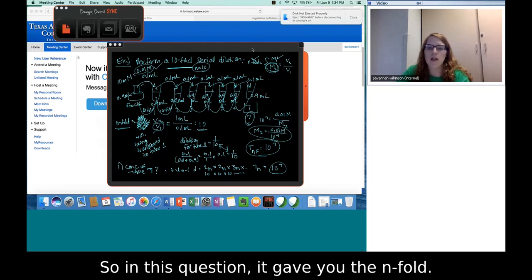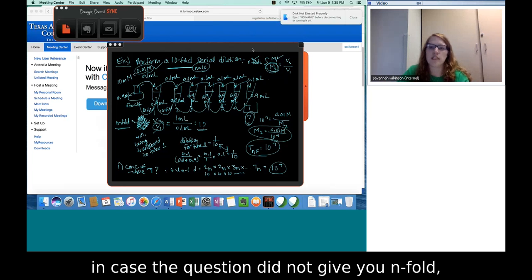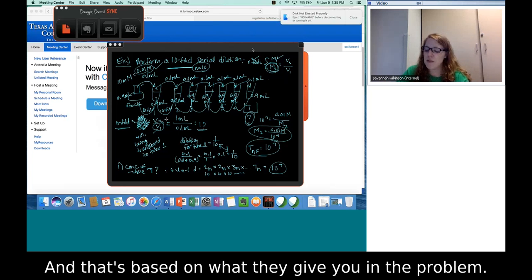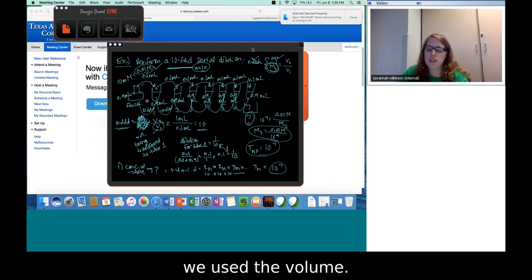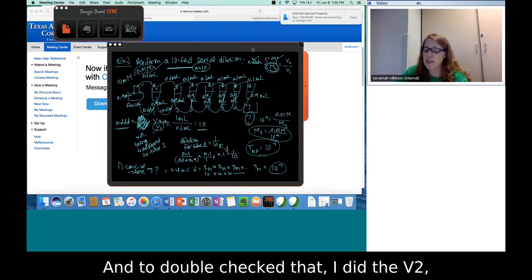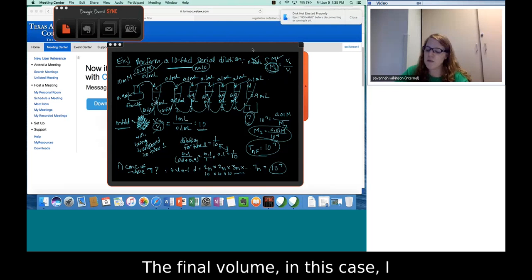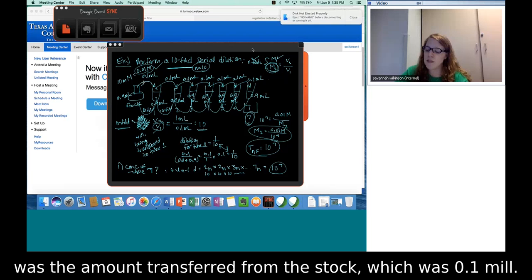So in this question, it gave you the N-fold, but I showed y'all a way to double check, in case the question did not give you N-fold, how to find N-fold, and that's based on what they give you in the problem. So since we didn't have a final concentration, we used the volume. And to double check that, I used the final volume as V2, in this case tube 1, and the original volume was the amount transferred from the stock, which was 0.1 mL.